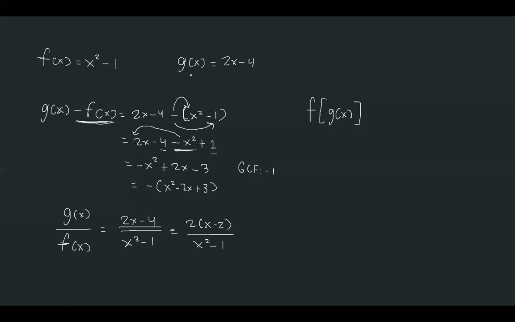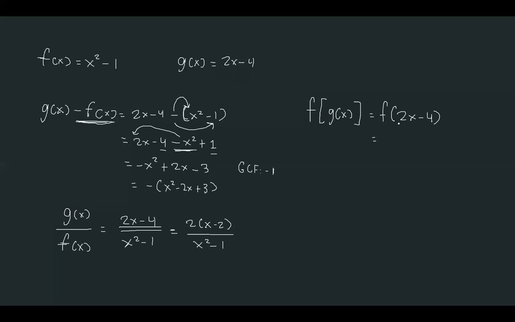Basically, it means that the function here, you're going to substitute it here. Let's take it even slower. Write f of g of x. This means f of what is g of x? Your g of x here is 2x minus 4, right?